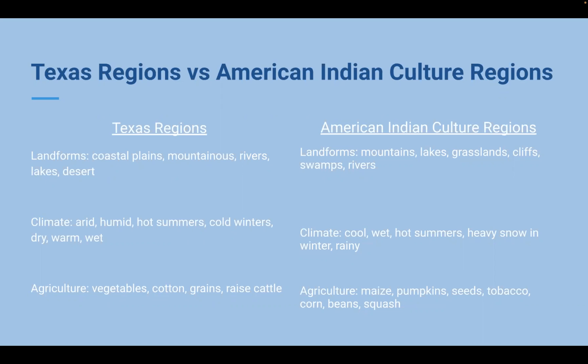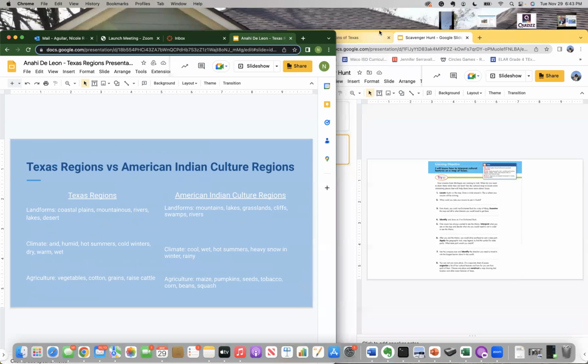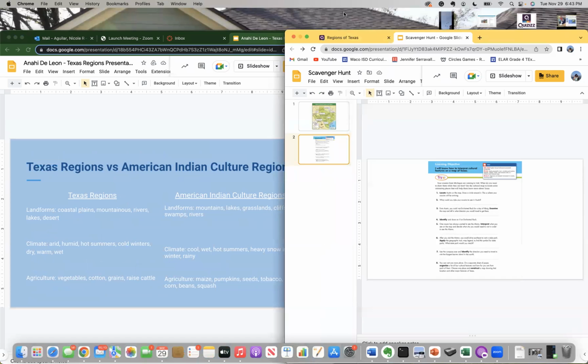A lot of it was similar. Students were amazed at how much more agriculture they grew than what we see today. Usually we see our corn and our cotton and our grains, but they were amazed at some of the other things and questioned a few other things. But I think that is it. Yes, I think that is it.